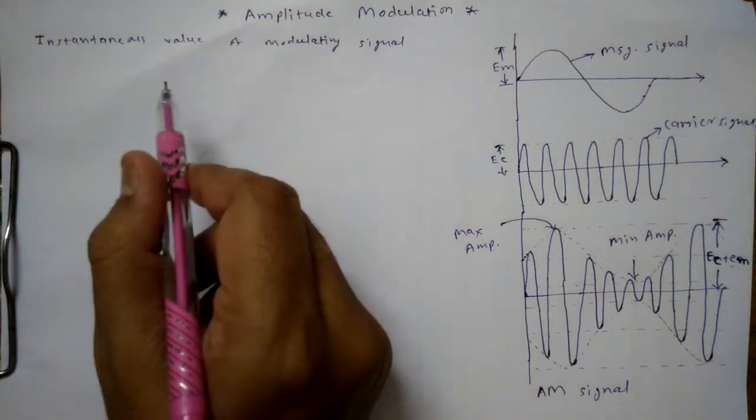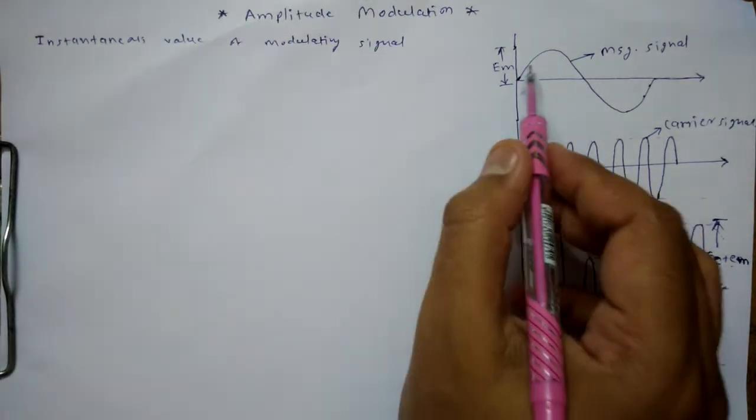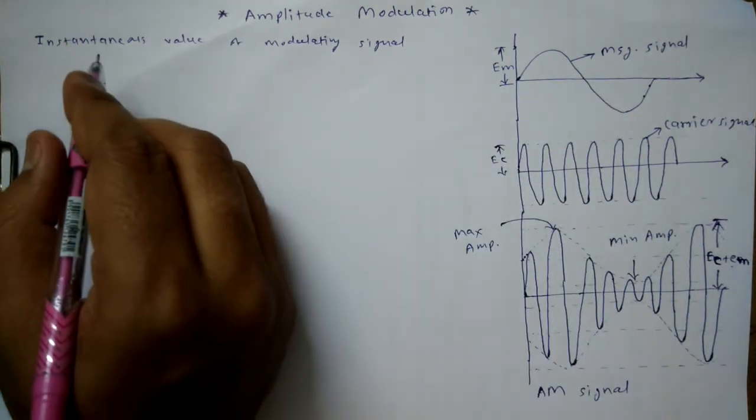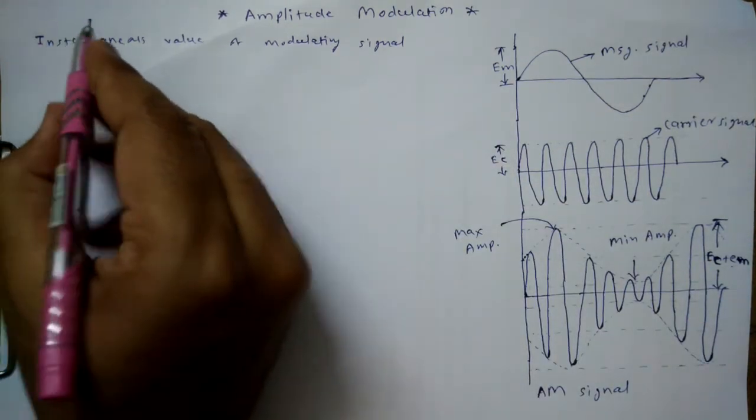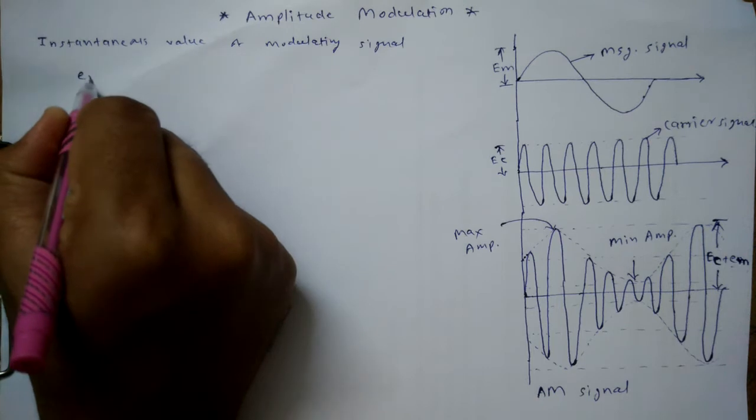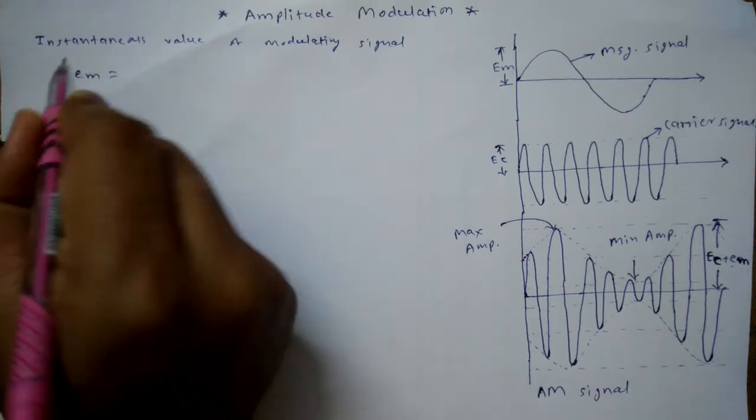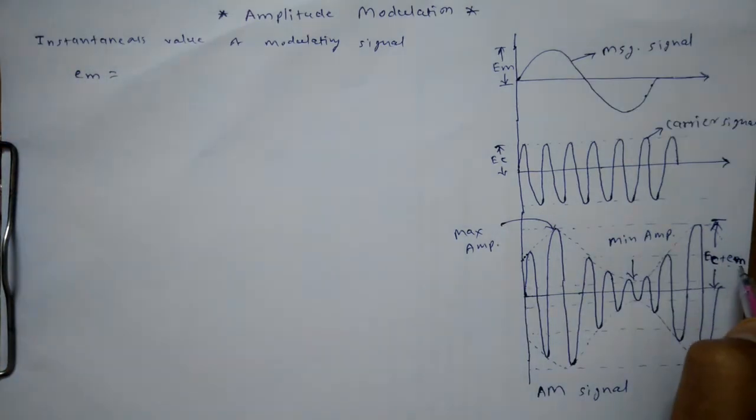So the instantaneous value of the modulating signal can be given as, we'll use the term small em. This small em is available here, right?